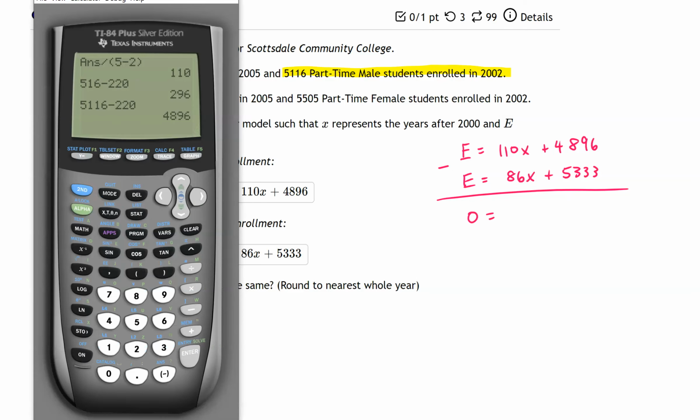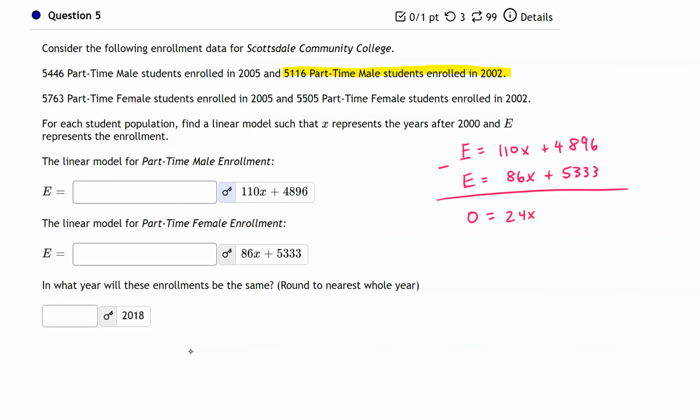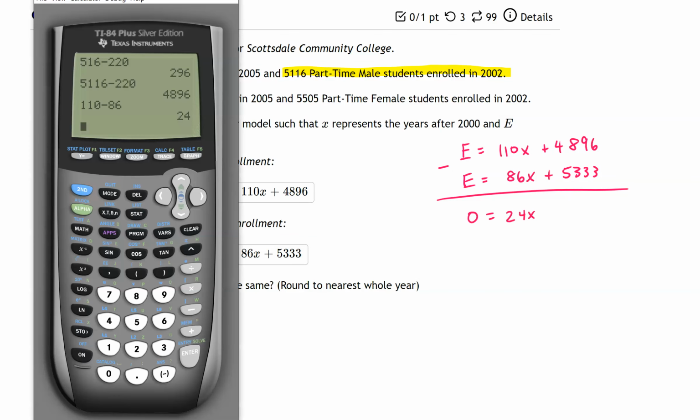And let's see, 110 minus 86 is 24. And then I want to do 4,896 minus 5,333. And that is negative 437.